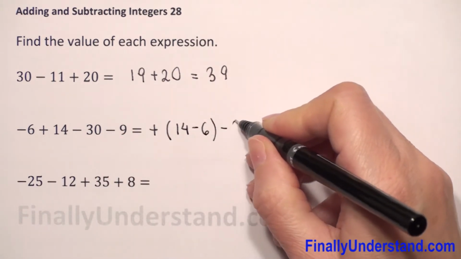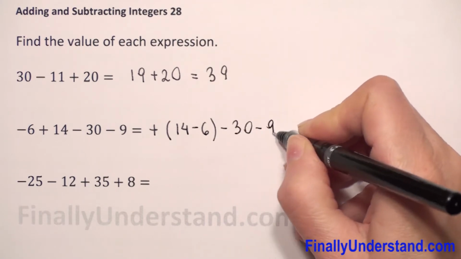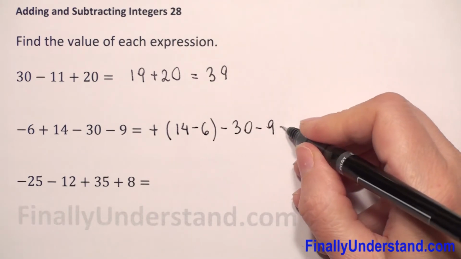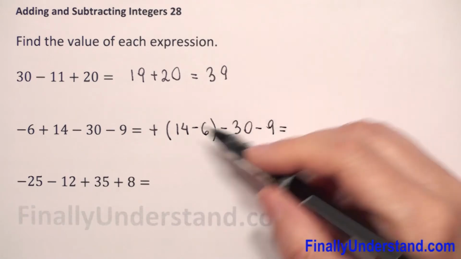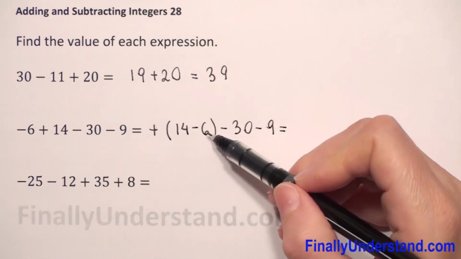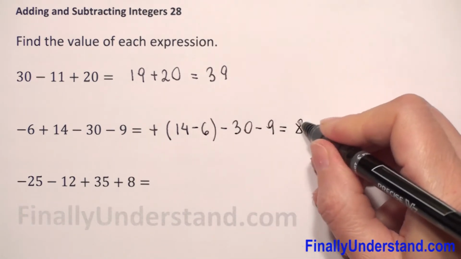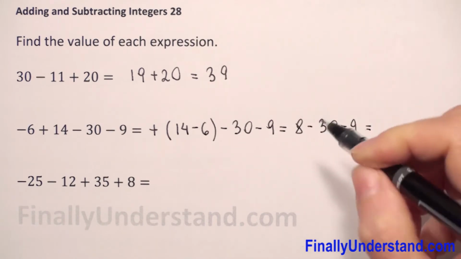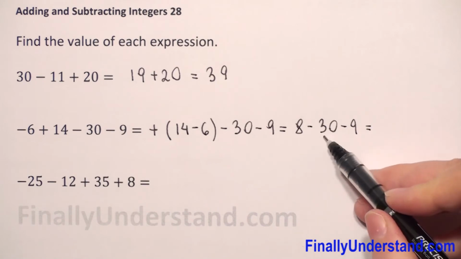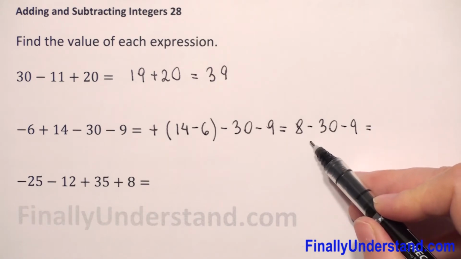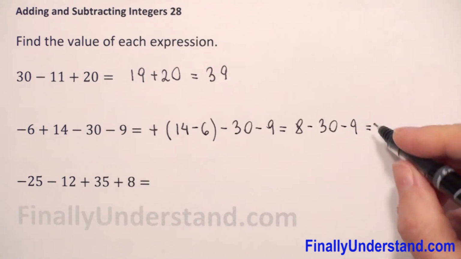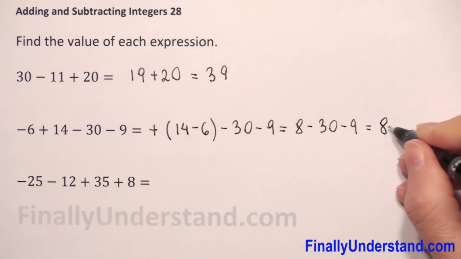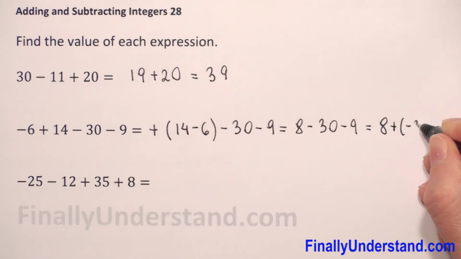The rest we rewrite, minus 30, minus 9, so this is equal. Positive sign, we don't have to write, so we have just 14 minus 6 is 8, minus 30, minus 9. 8 minus 30 is, I think, easier when you rewrite it as 8 plus negative 30.